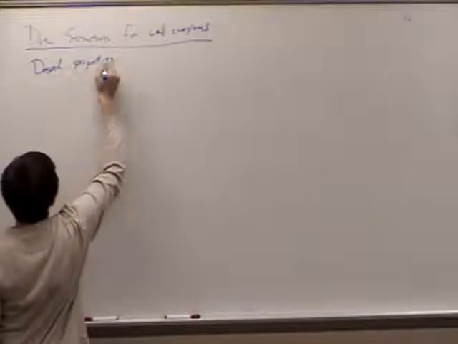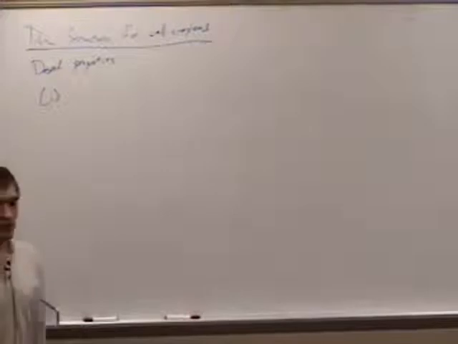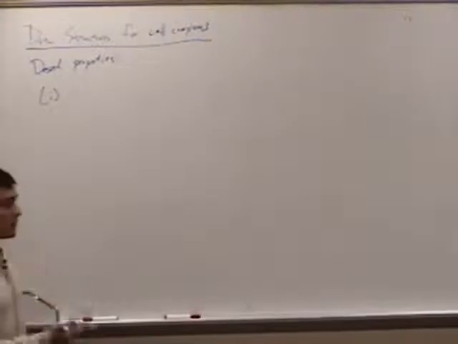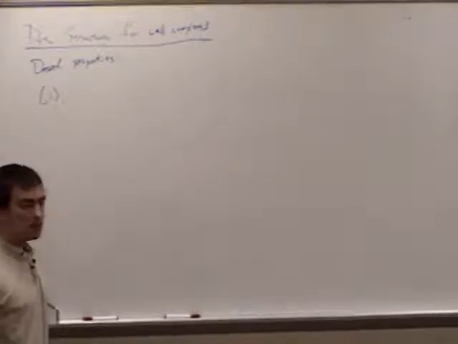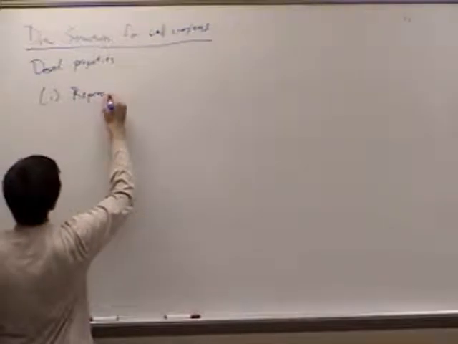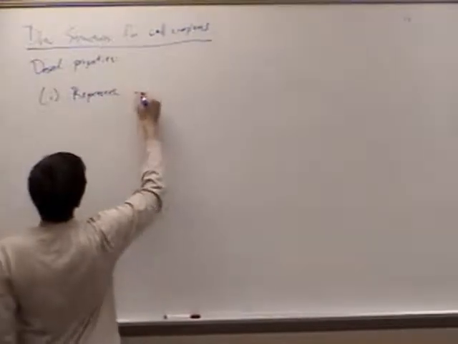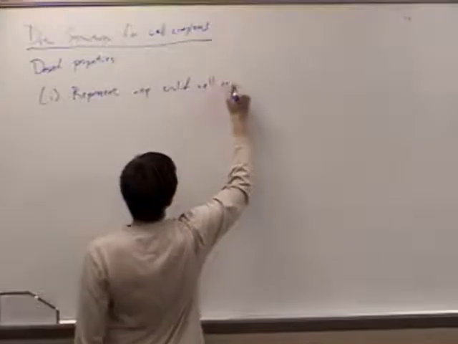But the first thing is that we'd like this to be, in some sense, informationally complete, or we'd like to be able to represent any valid cell complex within this data structure such that there's no ambiguity of it.